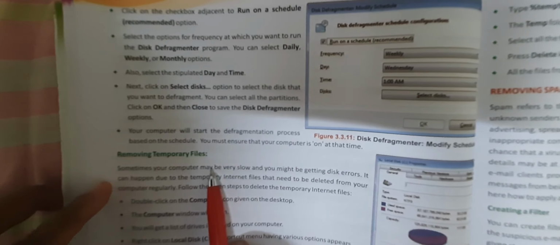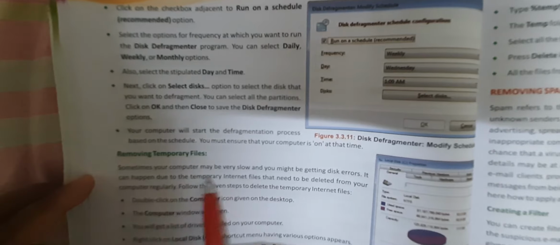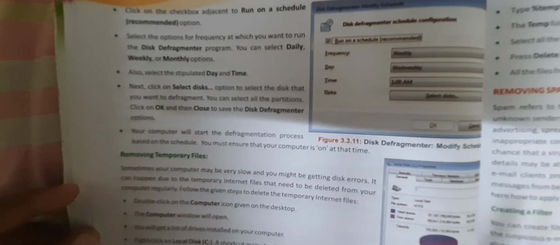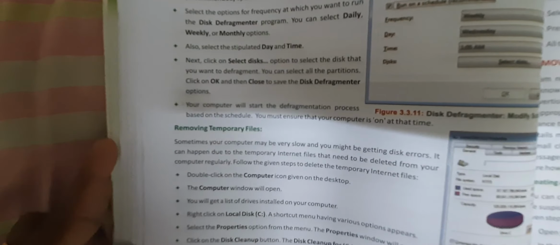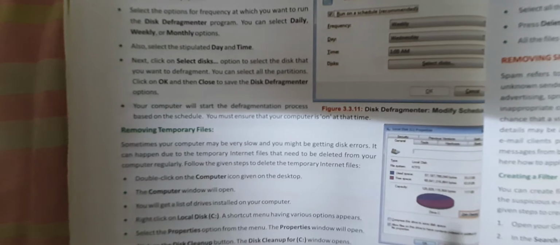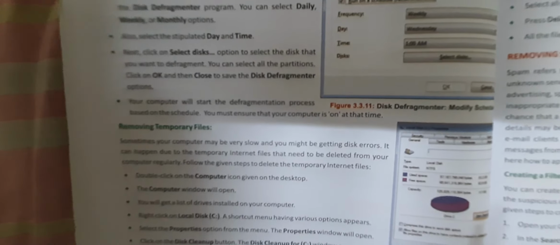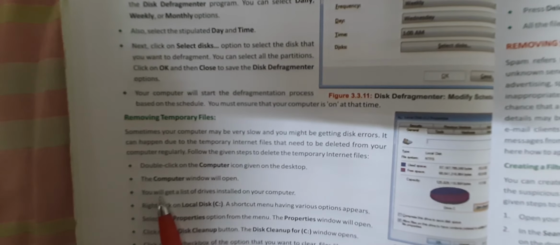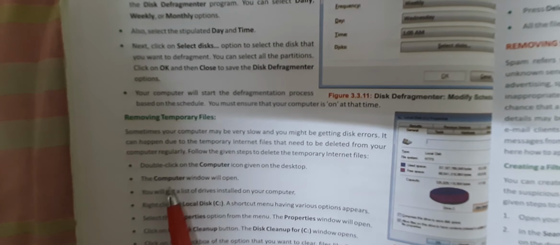Then removing temporary files. How can you remove temporary files? Your computer is always making a copy of a file when you open it for editing. In this way there are so many temporary files created day in and day out, and they might not get cleaned up in one go, so you can do it on your own.